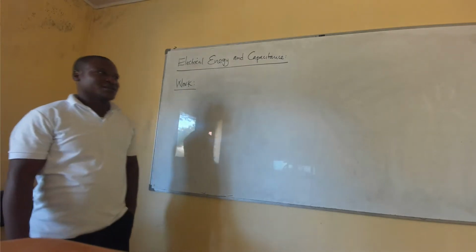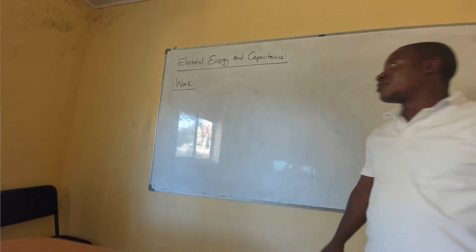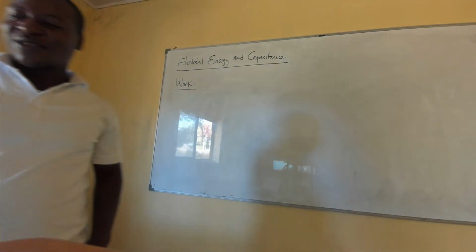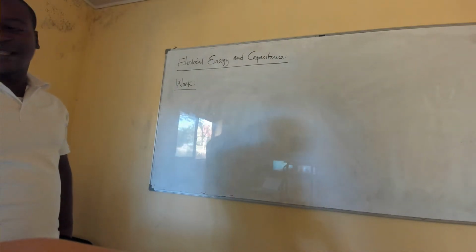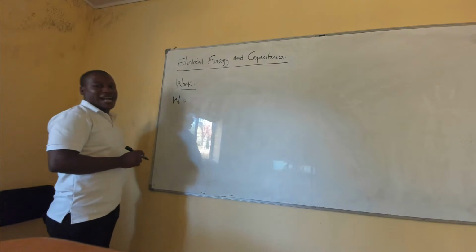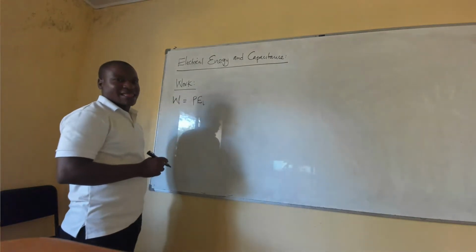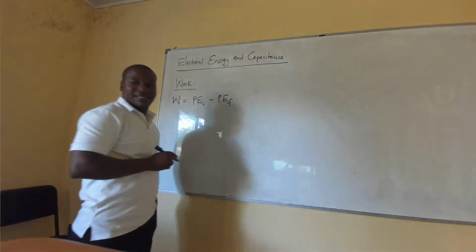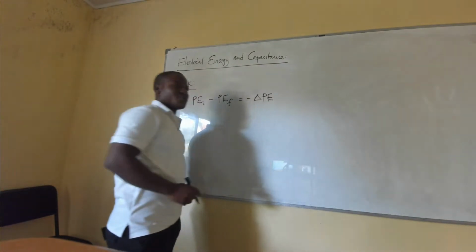For example, the work may be in the form of potential energy. The work may be in the form of kinetic energy. The work may also be in the form of the change between the initial and the final energies. For example, work may be defined as the initial potential energy minus the potential energy at the final state, which gives us minus the change in the potential energy.